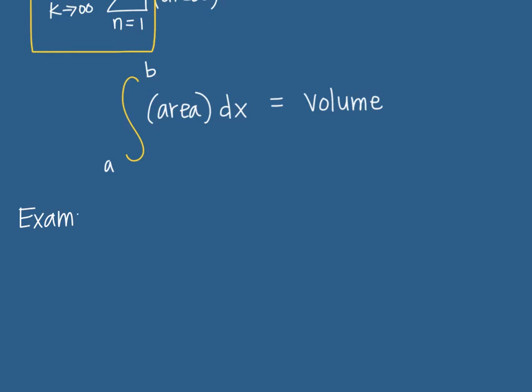So let's start with our first one that had a square profile, which is another way of saying cross-section.